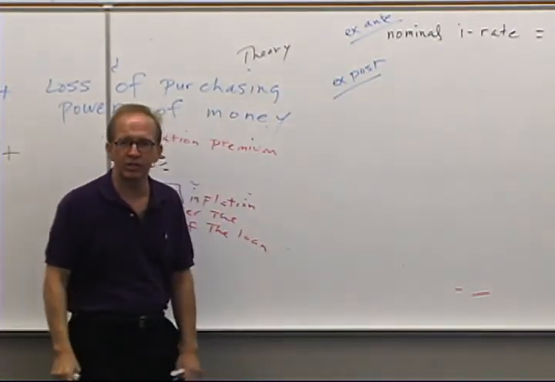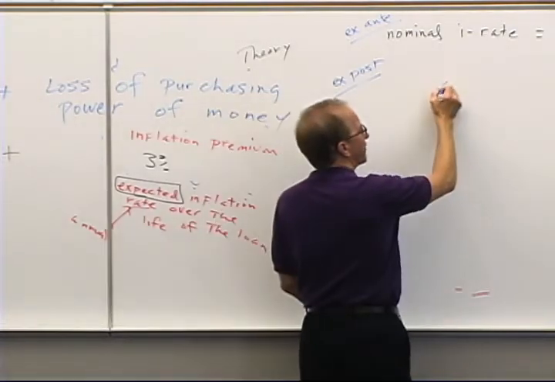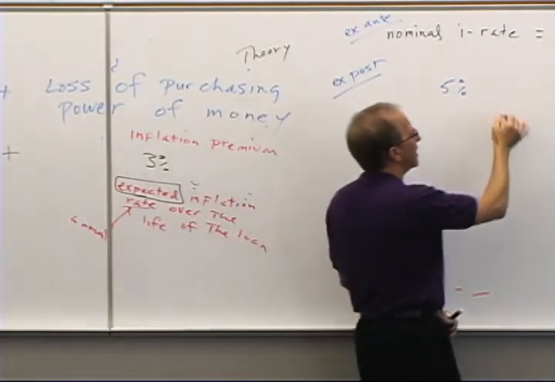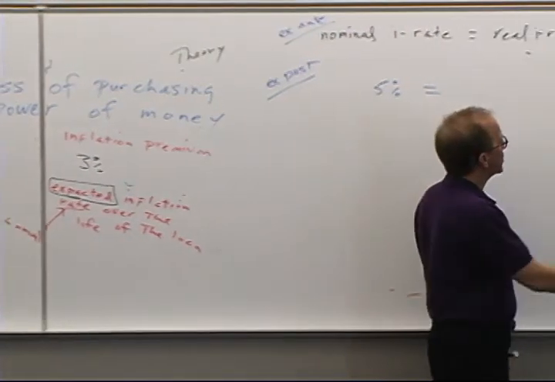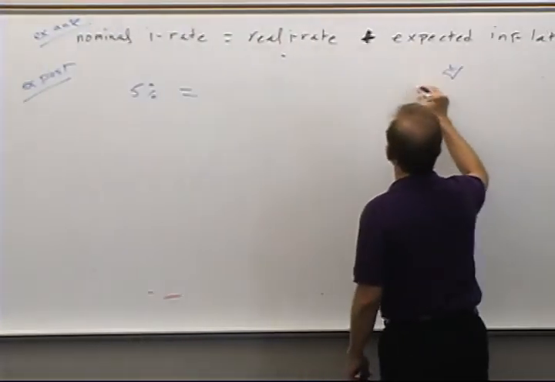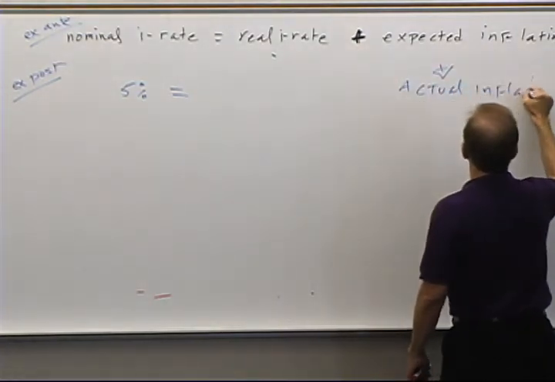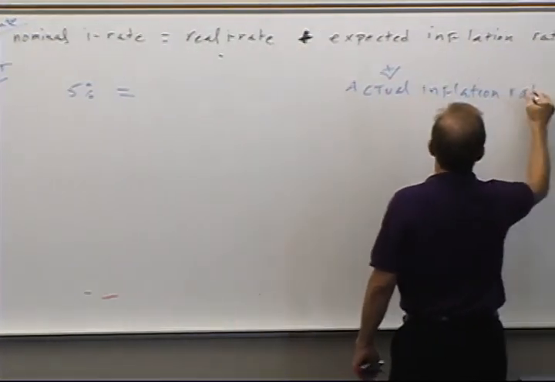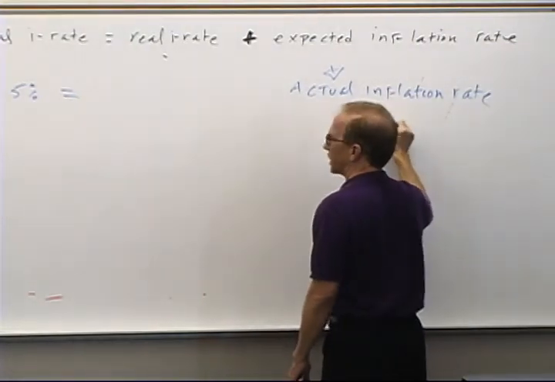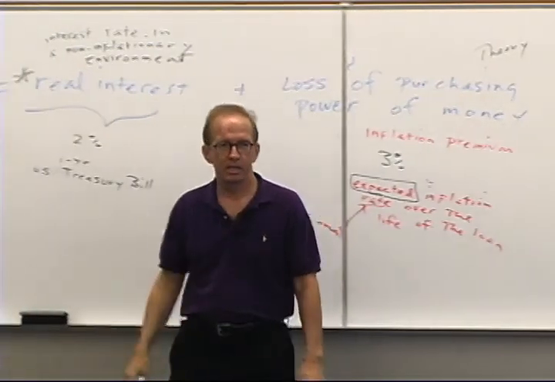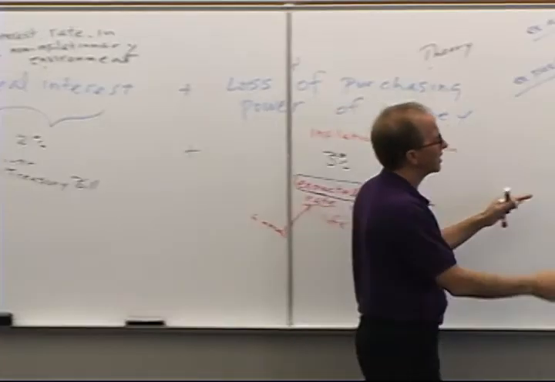And what they might say is something like this: hey, I loaned my money for 5%. It turned out that the actual inflation rate was, let's say, 4%.